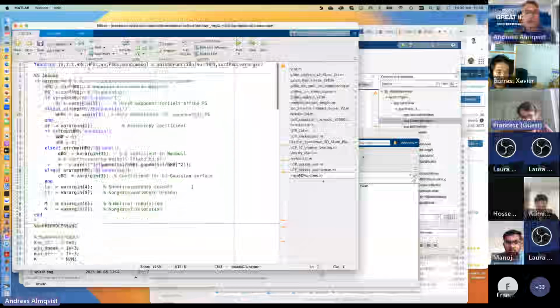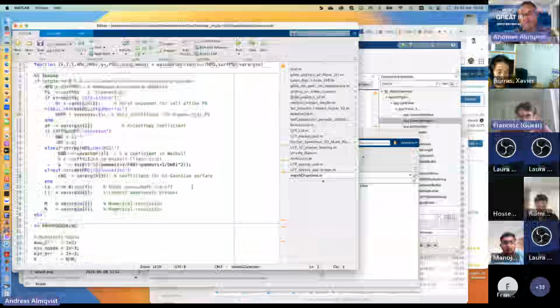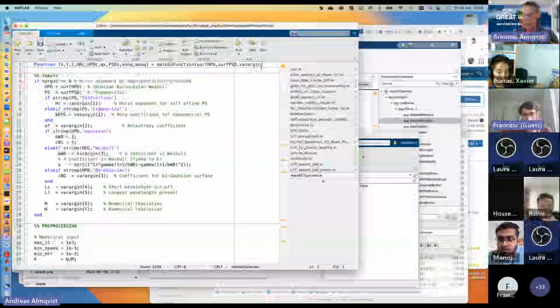And having this code, now you can start to parameterize. You can create your own input arguments here, and you can randomize surfaces in a stack, vary parameters, whatever you like. So I think this is very useful.